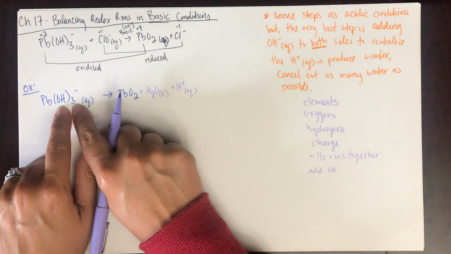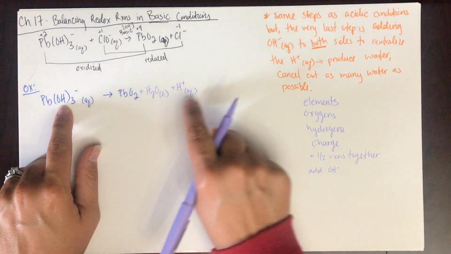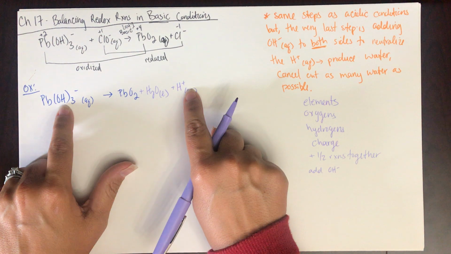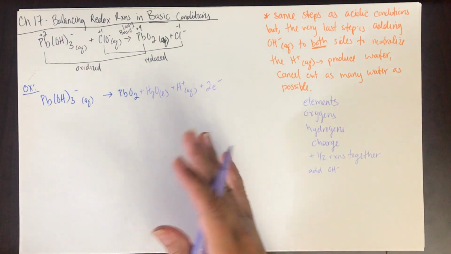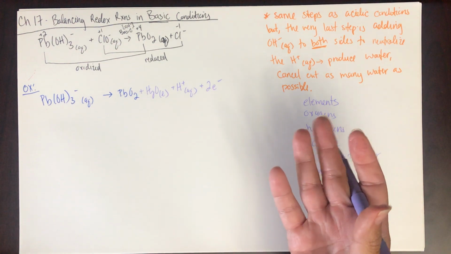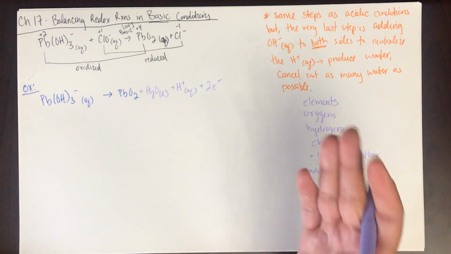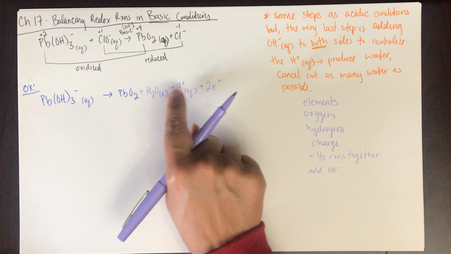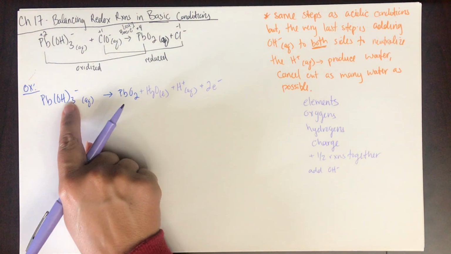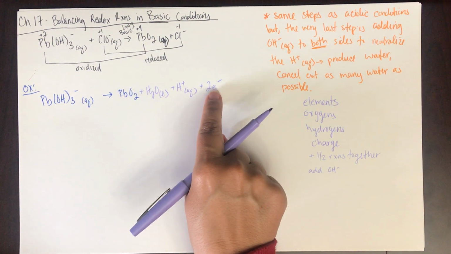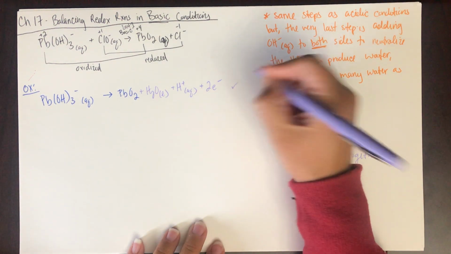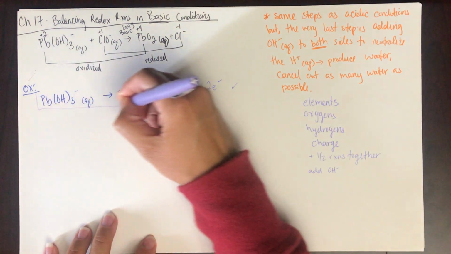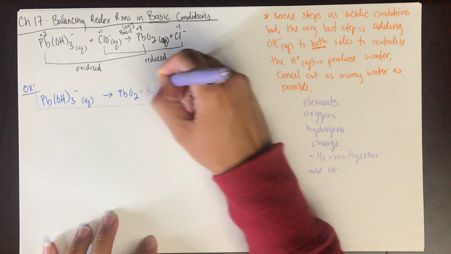This side has a charge of -1. This side has a charge of +1, which means this needs 2 electrons. Remember, we're not trying to get the charge to equal 0. We're trying to get the charge to be the same on either side of the arrow. So now this oxidation half reaction is balanced.